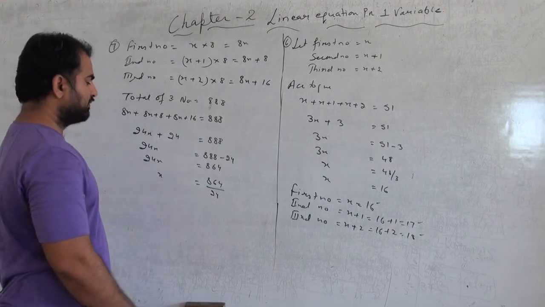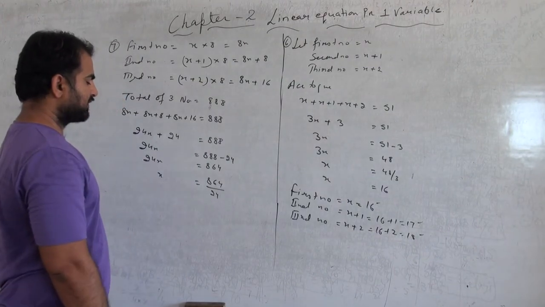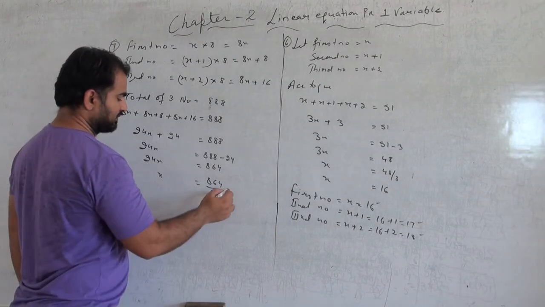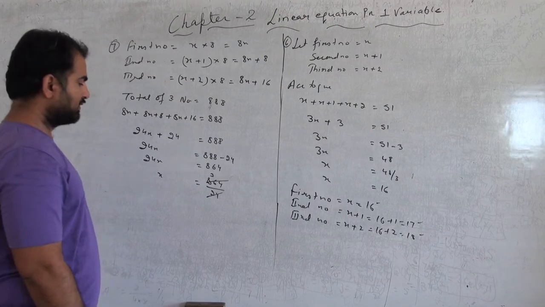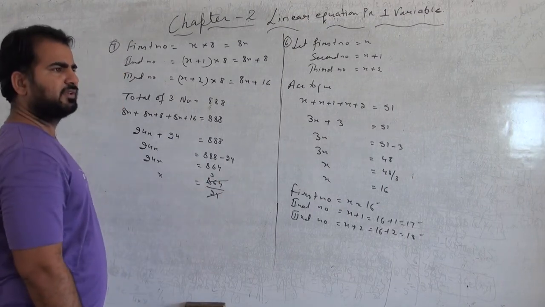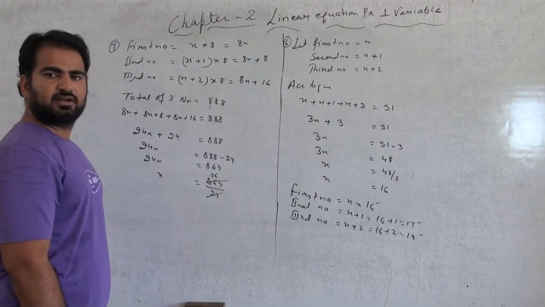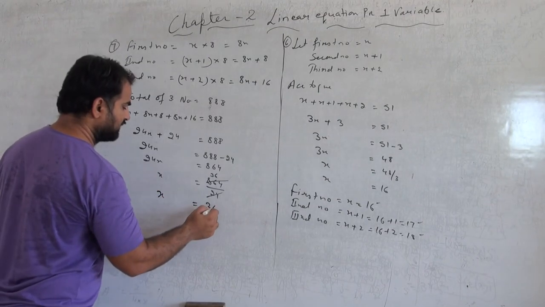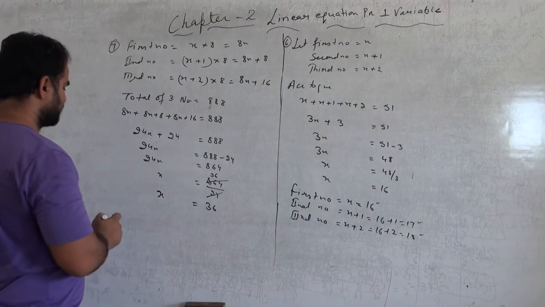Okay, so now what we have to do is use the table of 24. So what are 24 threes? 24 threes are 72, and we got 144. 24 sixes is 144. So x will be 36.